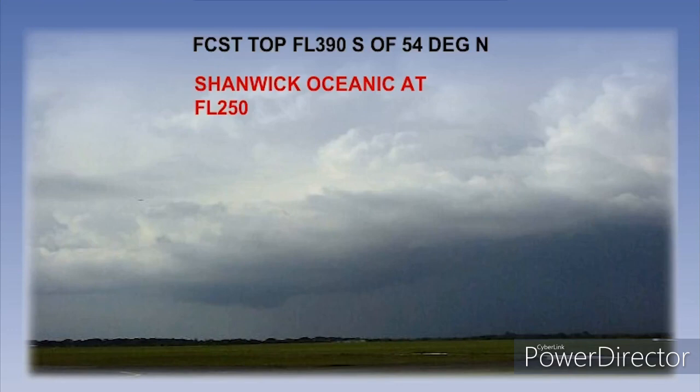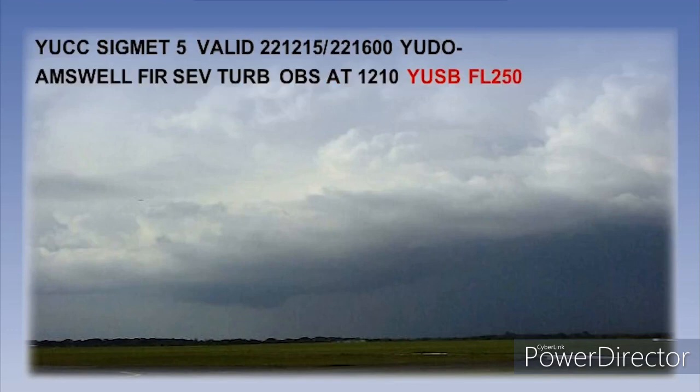In our example, we'll use Yankee Uniform Sierra Bravo, flight level 250, which indicates that severe turbulence was observed at 12:10 UTC over FIR Yankee Uniform Sierra Bravo at flight level 250.